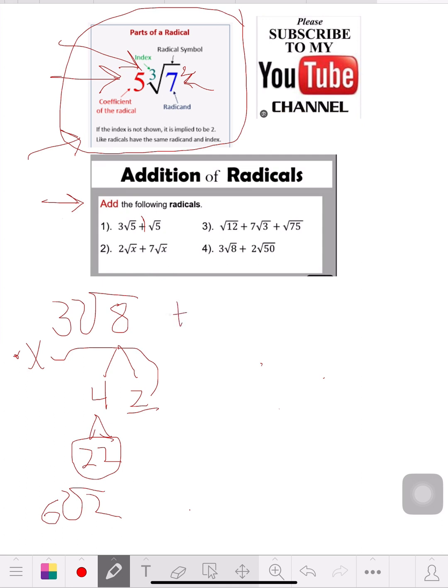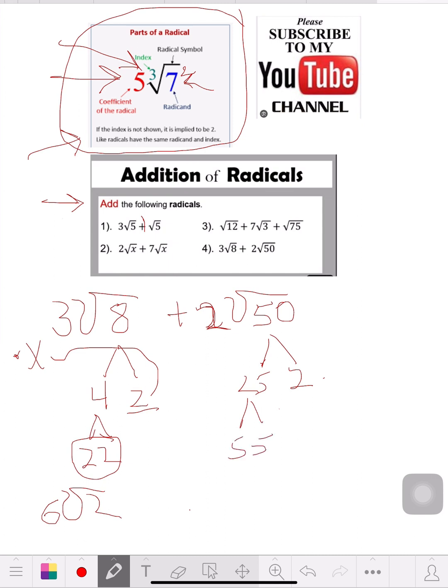So it's plus 2 to the square root of 50. Hey, so let's break this apart. We'll tree it off. I got a 2, and I got 25. Tree this one off. I got a 5 and a 5.